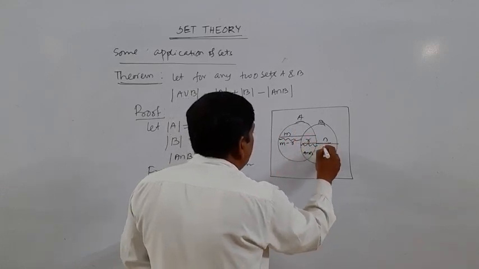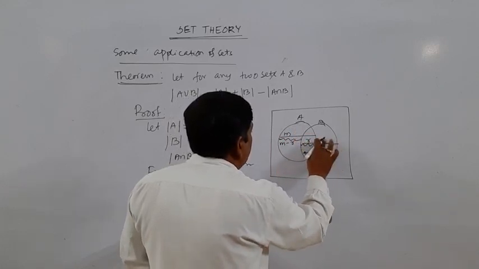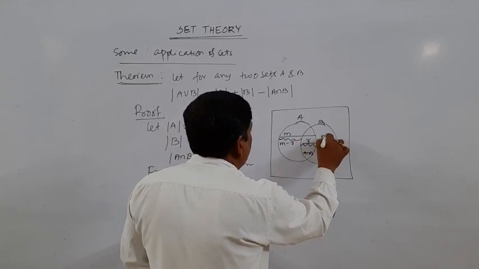The total of B is n, so the region only in B is n minus r.